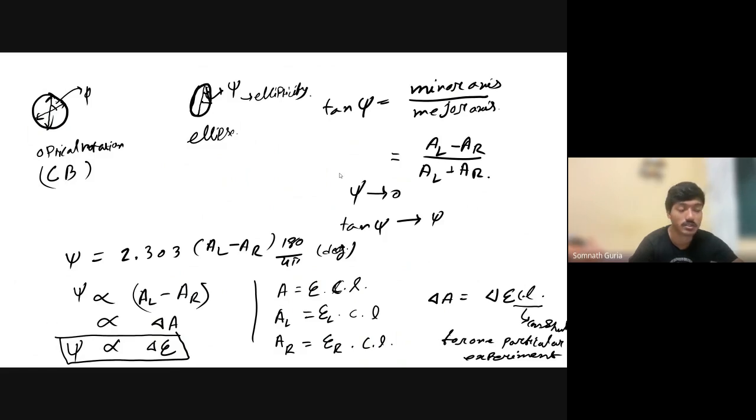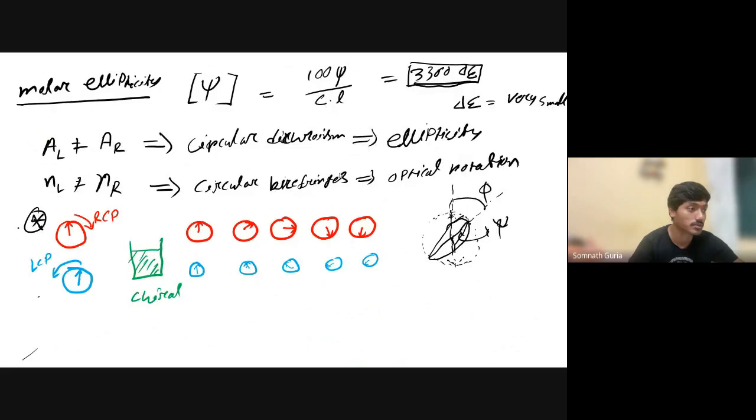In the CD spectra there should be some absorbance of the chiral molecule, and with respect to it we get the ellipticity.